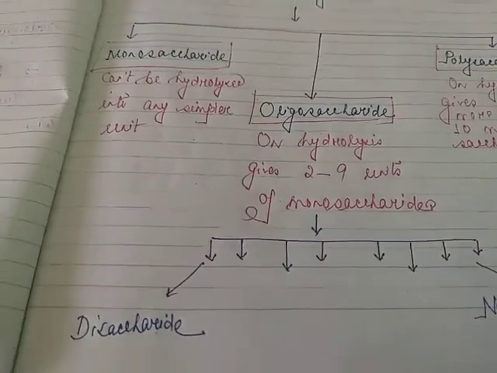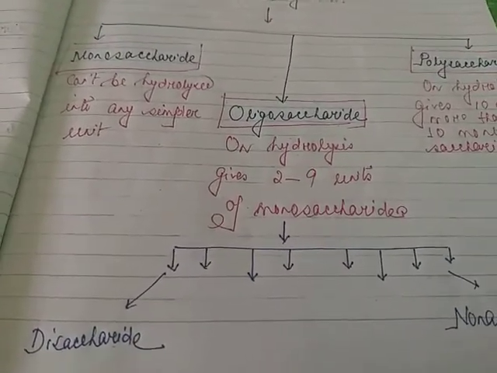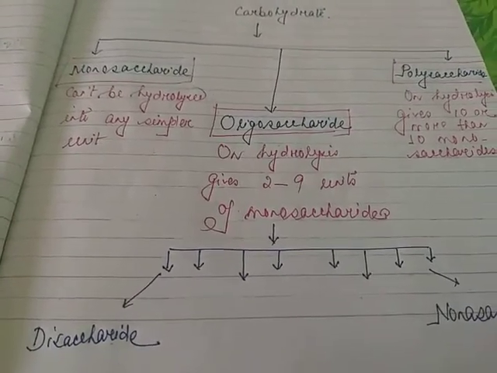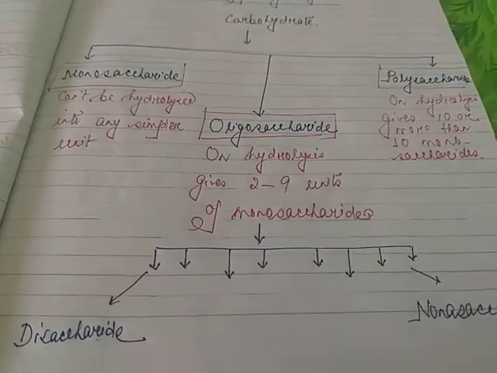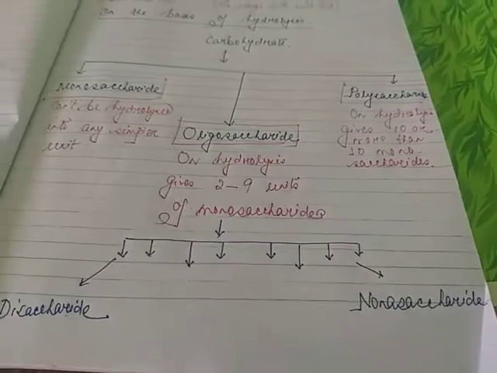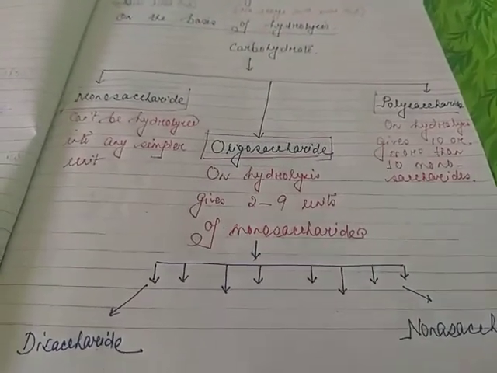So you could guess, if 3 units are there, it would be a trisaccharide. If 4 units are formed, it is tetrasaccharide, 5 pentasaccharide, 6 hexasaccharide, 7 heptasaccharide, 8 octasaccharide and 9 nonasaccharide. So it gives 2 to 9 units of monosaccharide.